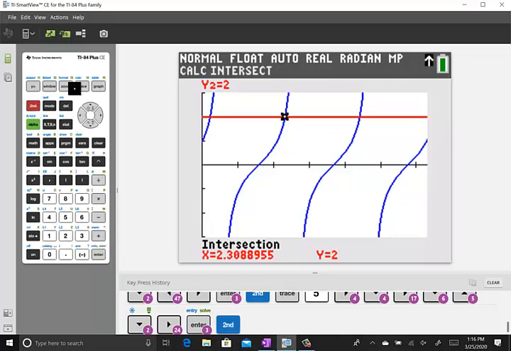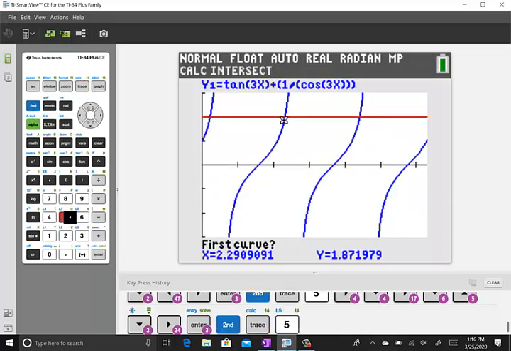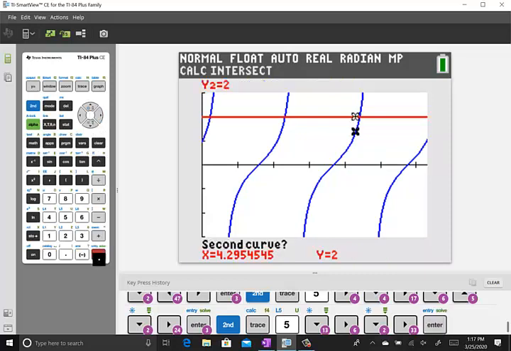So second trace 5. There we go. All right, press enter. And then Y2 should already be on the red line.